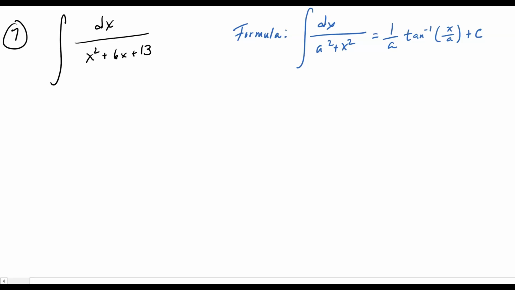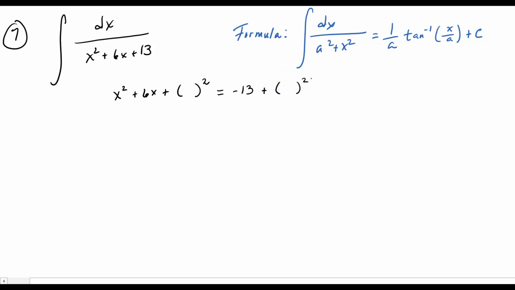So I'm going to take the x squared plus 6x plus 13. I'm going to set it equal to 0. I'm going to complete the square and rethink the way that this one looks. So let's see here. I have x squared plus 6x. Let me fix that for you. Plus, in this case, parenthesis square, and I'm going to set it equal to negative 13 because I moved the 13 to the other side, plus parenthesis square.